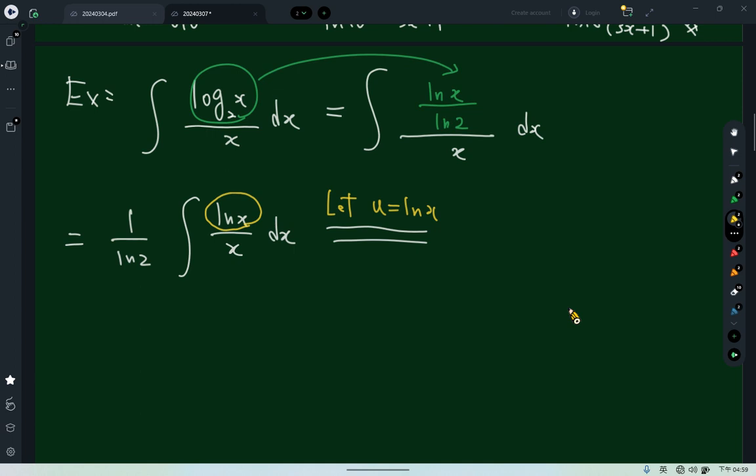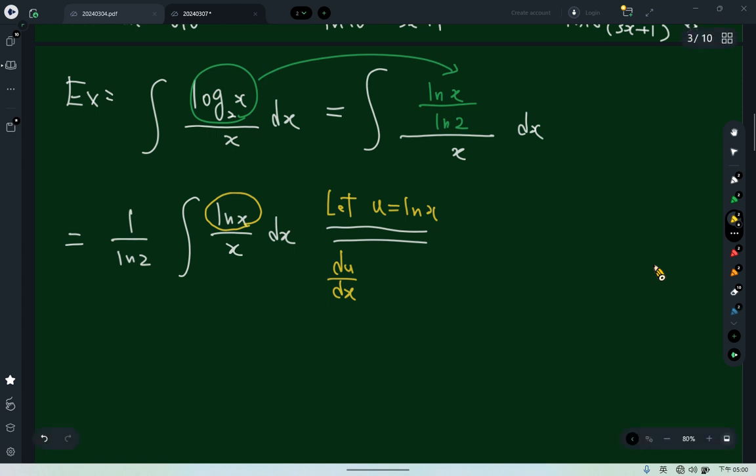Can you find that? Because originally ln x over x is hard for you to integrate, right? So right now I try to let u is equal to ln x. That means I will try to use u to replace ln x. But we always know that once I assign ln x to u, then the next thing we need to do is du dx, right? Because we need to replace dx with du, so we need to do that immediately.